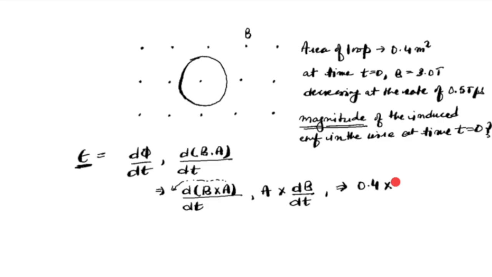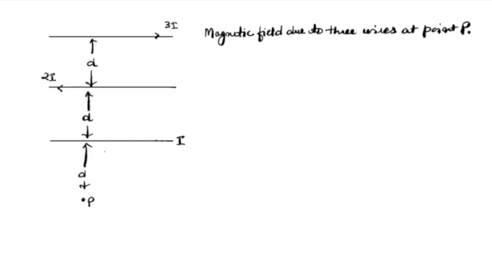And then just multiplied by 0.5. So it will be 0.2. It is EMF, so it will be volts. So that is the answer, the induced EMF that will be generated here due to the change in the magnetic field at this rate.